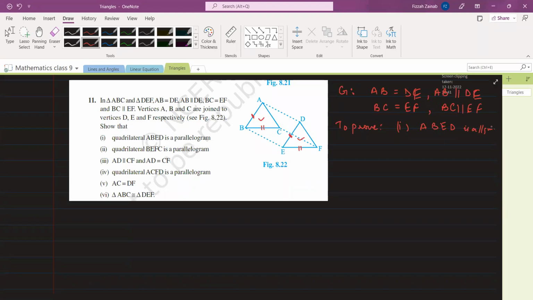So there are many theorems we studied. Opposite sides are equal, opposite sides are parallel, right? And there was one more, that if only one pair of opposite sides is equal and parallel, then also it's a parallelogram. Is that clear?